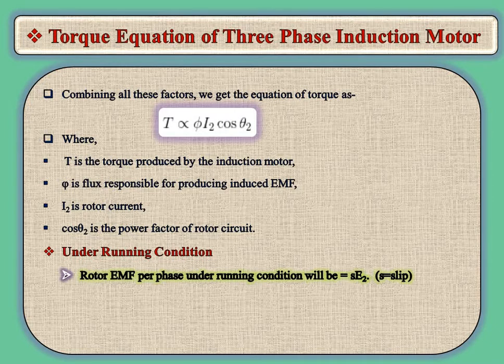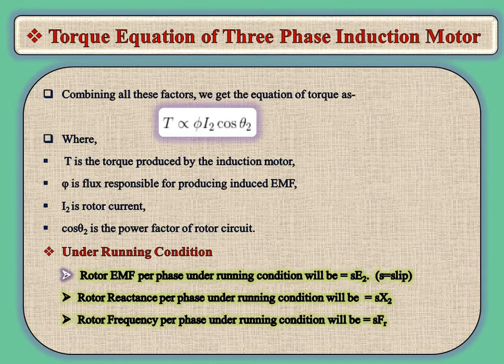Under running condition, the rotor EMF per phase, rotor reactance per phase and rotor frequency per phase vary with slip.